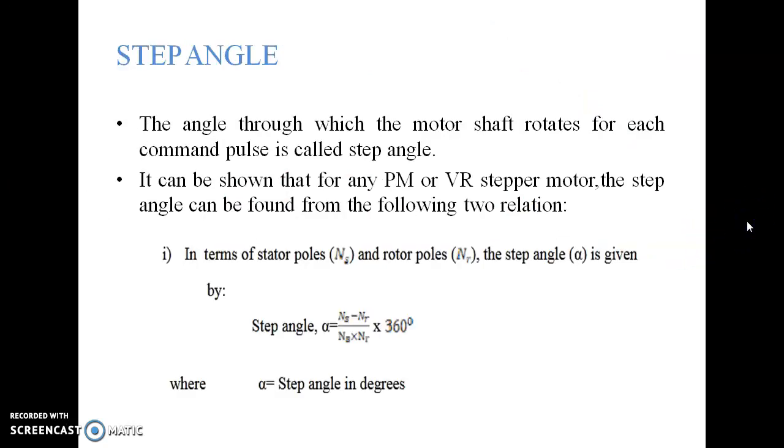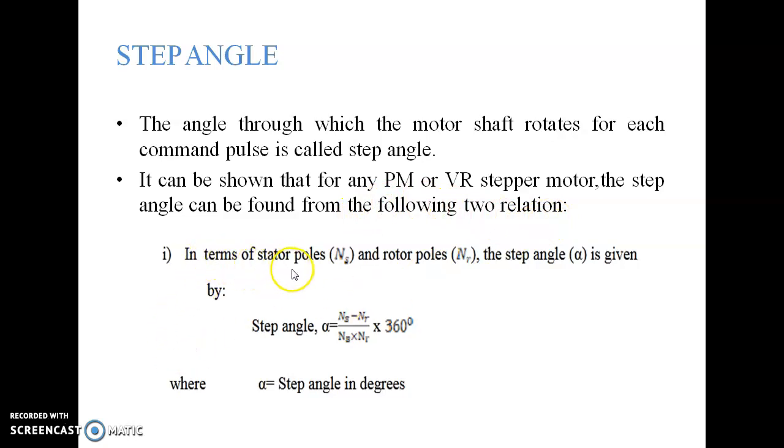Now coming to the step angle. The angle through which the motor shaft rotates for each command pulse is called the step angle. It can be shown that for any PM or VR stepper motor, the step angle can be found from the following two relations.